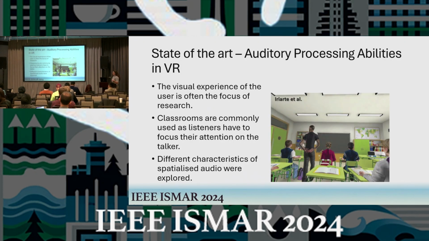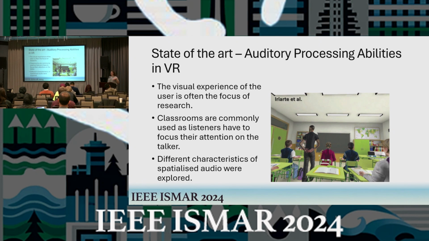When we talk about the state of the art in auditory processing abilities, the focus is on visual perception, but now I just want to bring our attention to auditory processing abilities as well. And usually what's used are classroom scenarios. In those scenarios, they have the ability to focus on the speaker, which is the teacher in most cases, and they ignore everything else. Like if there are other students talking, they can ignore that.